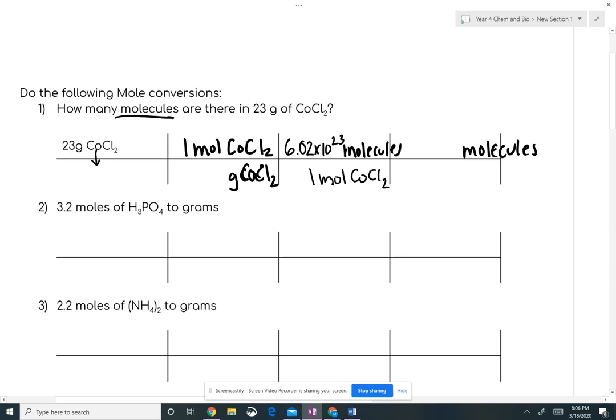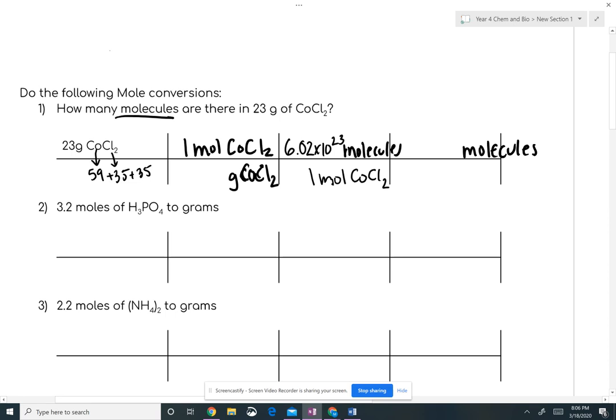So I look up cobalt, and if I look up cobalt on my periodic table, you see that it's 58.69. So I'm going to just say 59. Right, and I have 2 Cl, so I should have 35 plus 35. So that is what I should get on there.